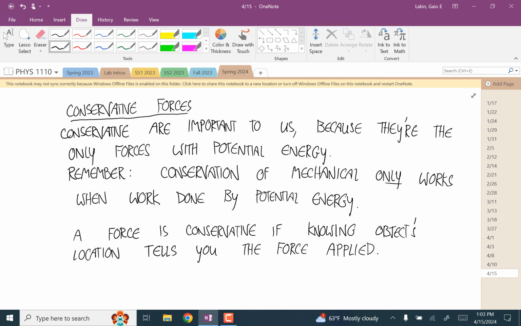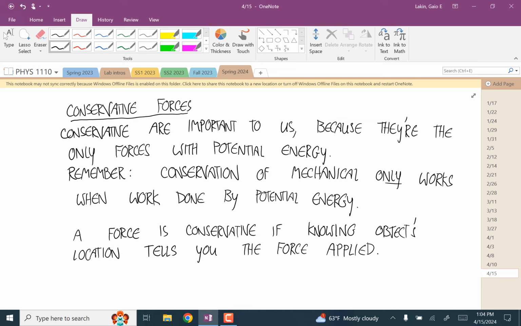Let's think about the only other conservative force that we're going to do calculations for. Imagine that this thing, we know the mass of it, and it's attached to the wall by a big spring, okay? If you know how stiff the spring is, and I told you how far you'd stretch the spring, so I told you the location of this thing, you could calculate how much of a force the spring is applying to it. If I told you the object is here, then based on the fact that it has to have stretched this much, you could calculate the force. If you pulled it all the way to here, that force would be bigger.